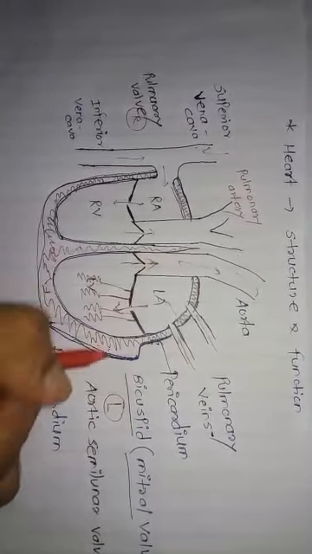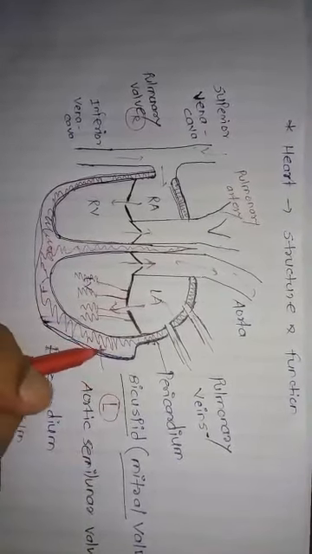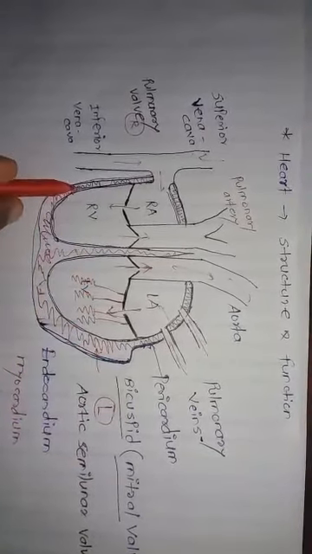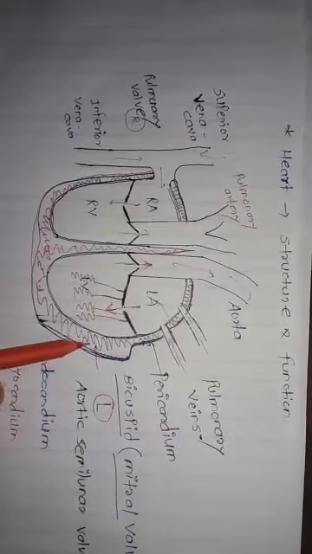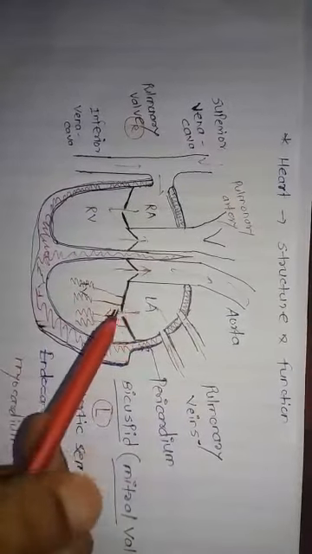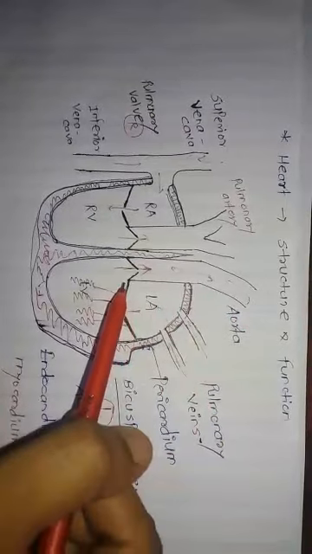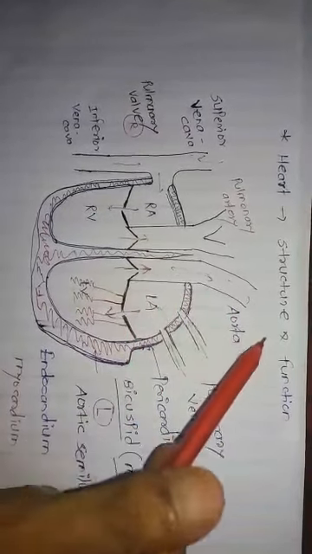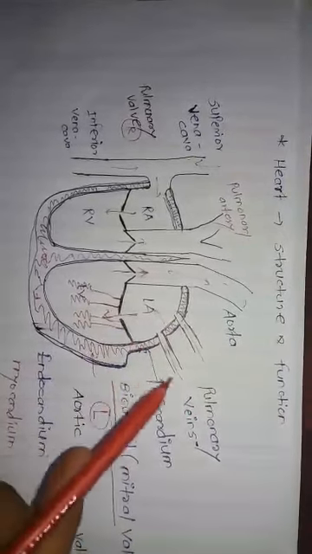The left ventricle has a relatively thick myocardium and the right ventricle has a relatively thin layer of myocardium, because the left ventricle has to pump blood to all the body, throughout the body, to your limbs.